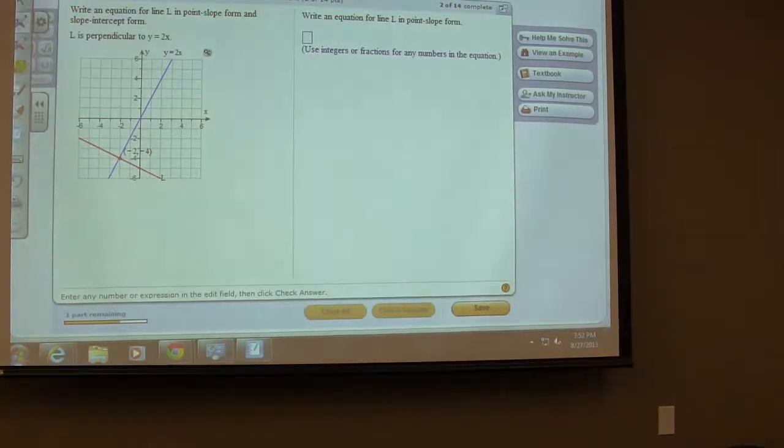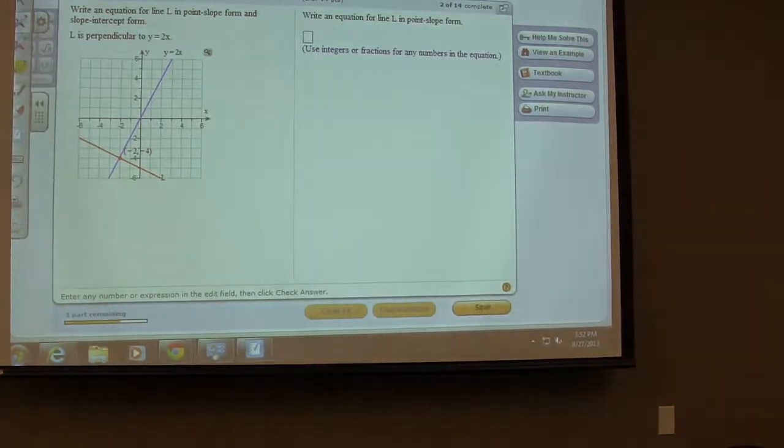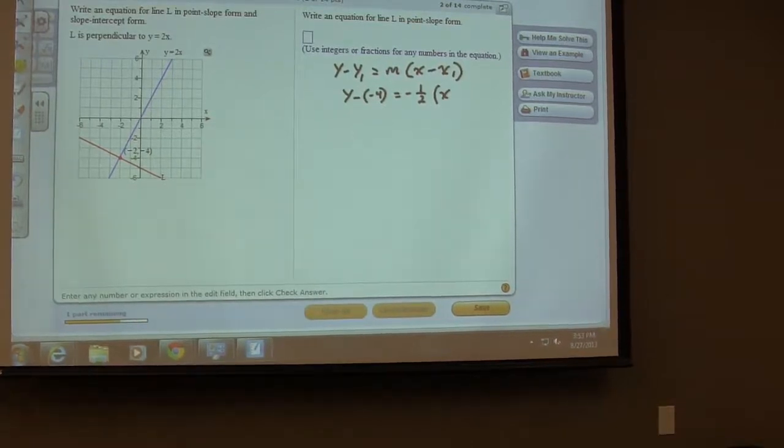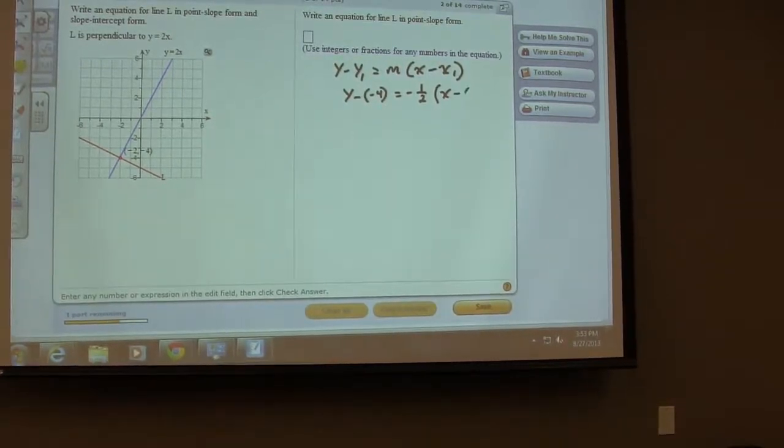So in point-slope form, we would have y minus a -4 is equal to, now my slope is going to be -1/2 because it's the negative reciprocal of the previous one, which was 2. x minus a -2.